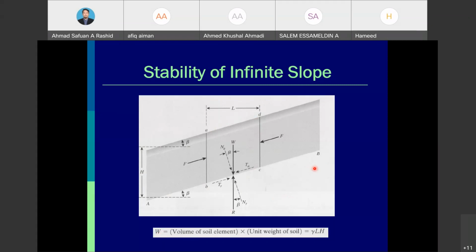From the weight, we may work out the driving force and also the resisting force, or the shear stress and also the shear strength.